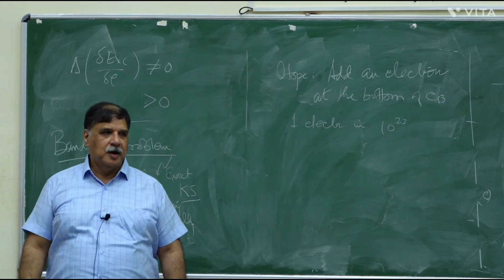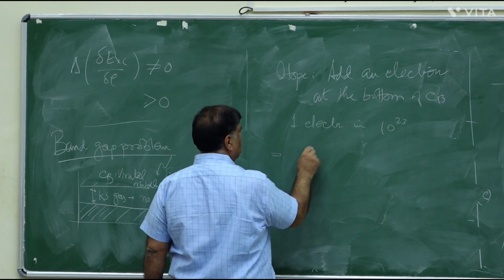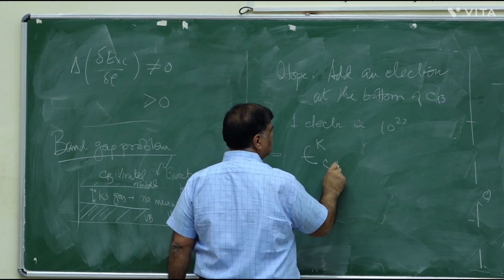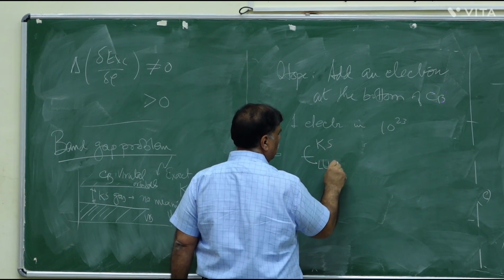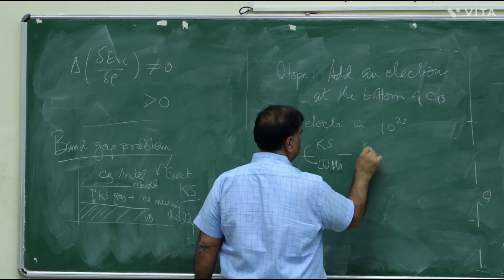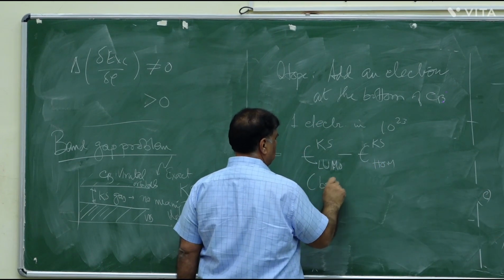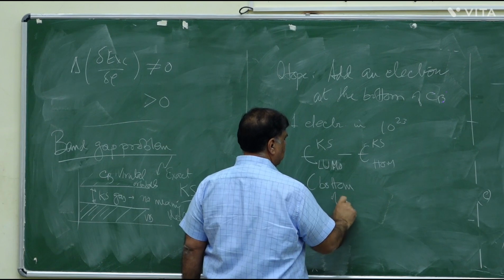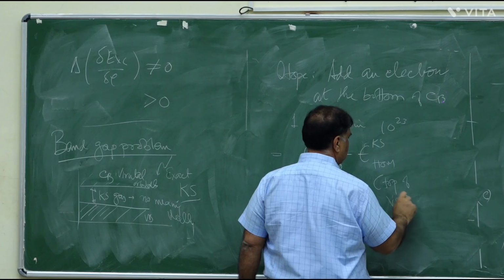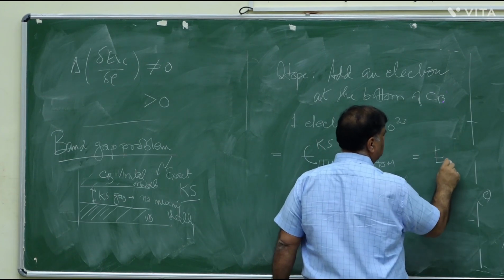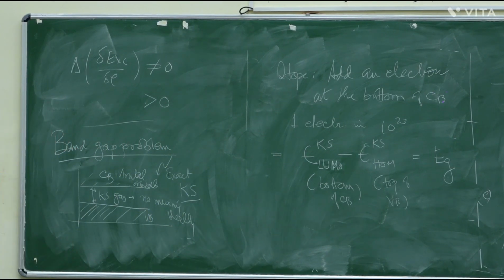It's really a minuscule amount. It would not change, nothing would change, right? So one would go at E Kohn-Sham, lowest conduction band, LUMO, minus E Kohn-Sham, HOMO. So this is the bottom of CB, and this is the top of VB, E_G. One would hope that. So nothing is changing, right?